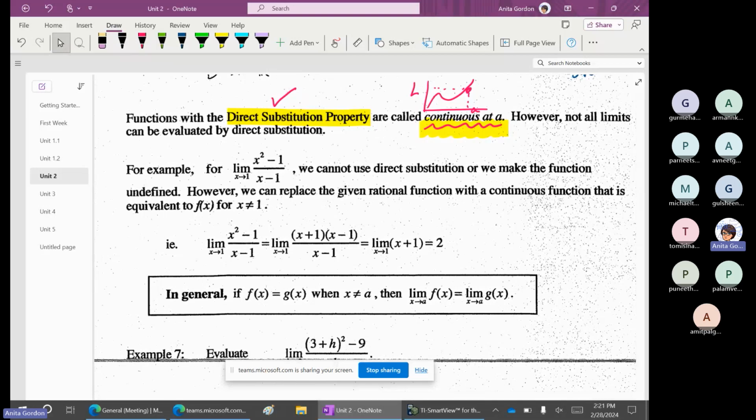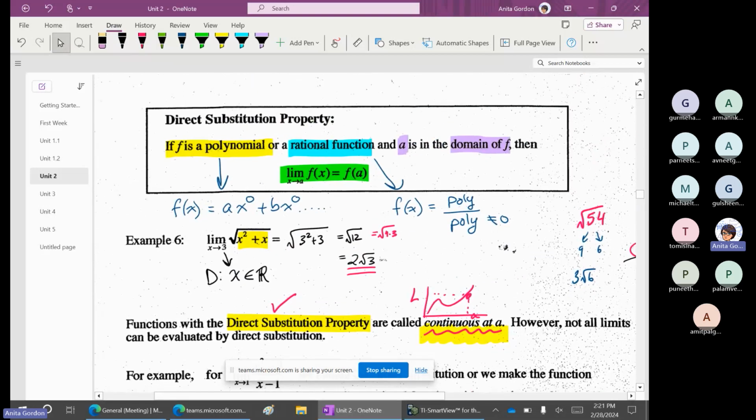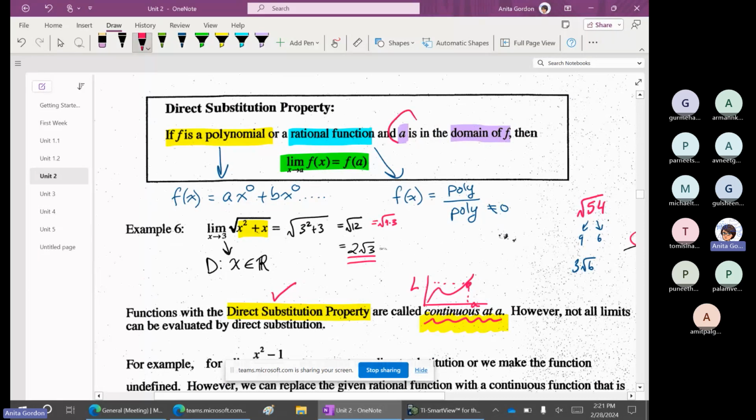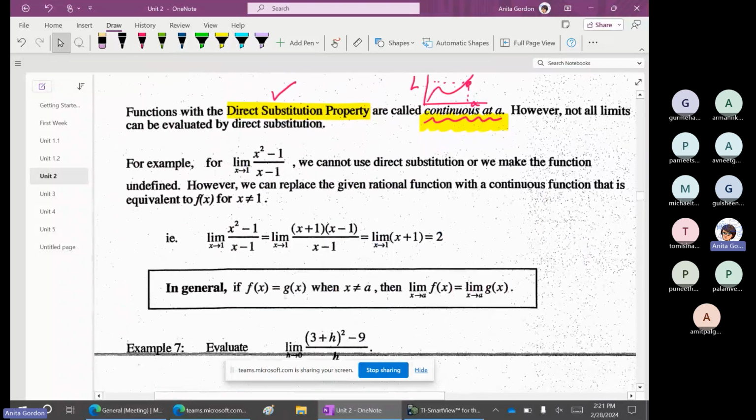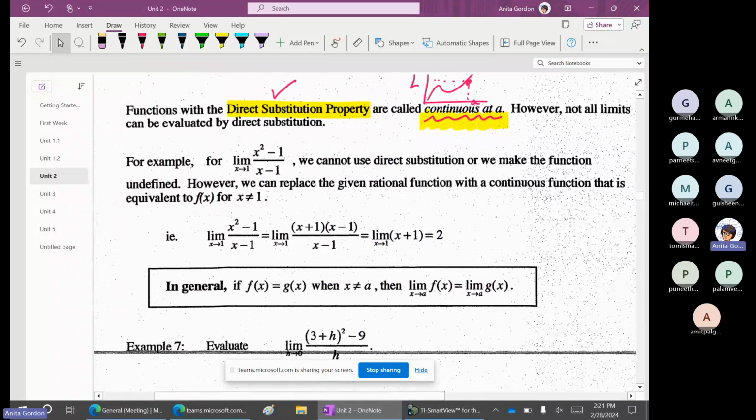Up till this point, we've been using functions that aren't continuous. Some have been and some have not been. We've had a mix. But if you have a polynomial or a rational where a is in the domain, we call this continuous at point a. For example, for the limit here, one of our examples, I think example 1 or 2, we cannot use direct substitution because we have a denominator where x cannot be 1, so we can't just plug it in.